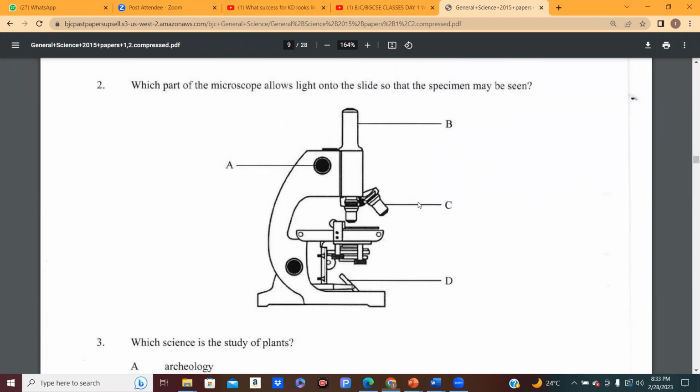Try again. E. D, very good. D is the light source or the mirror, and that allows light on the slide so that the specimen could be seen. So this part is going to give light to this area so you can be able to see the specimen on the slide.